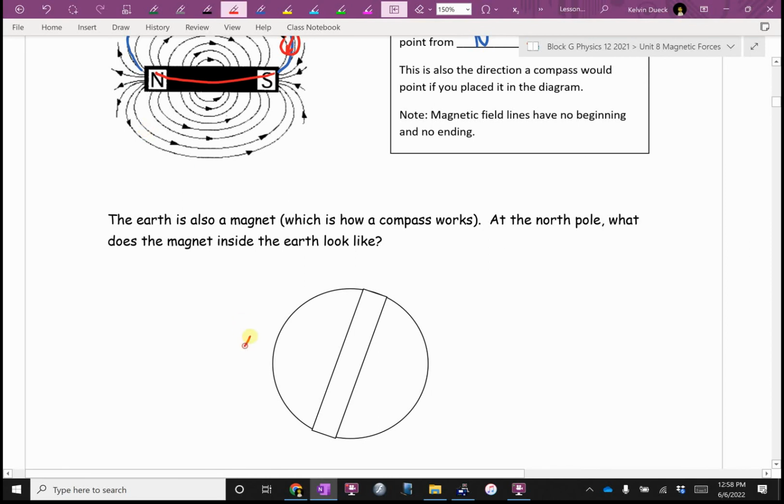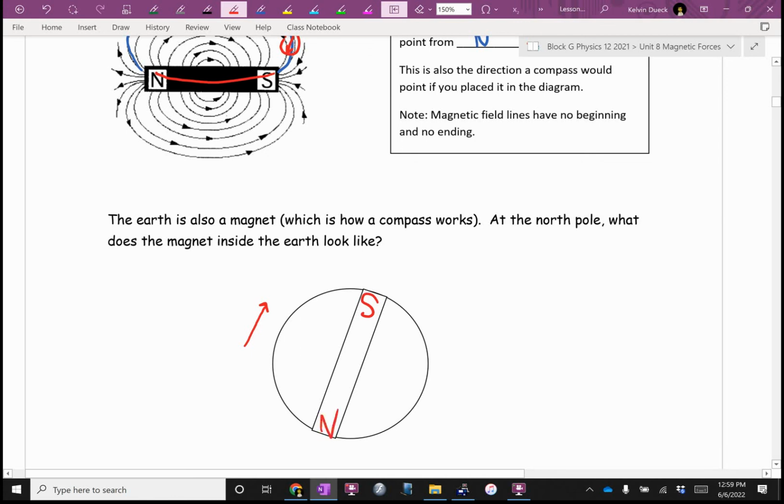If a compass always points north, then inside the Earth, at the geographic North Pole, what's the magnet up there? A south pole.